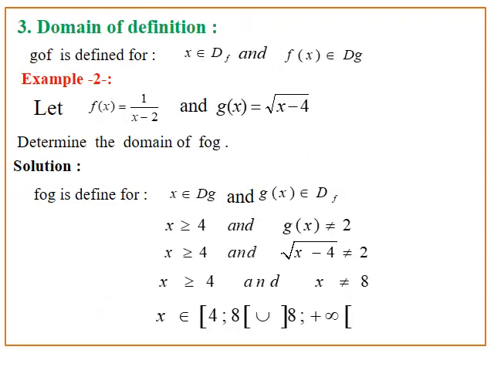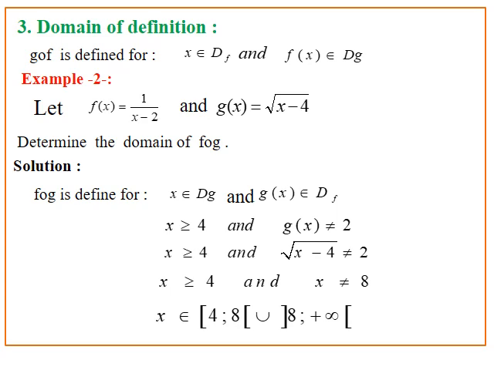3. Domain of definition of f round g and g round f. g round f is defined for x an antecedent of f and f of x an antecedent of g, so x belongs to the domain of f and f of x belongs to the domain of g.